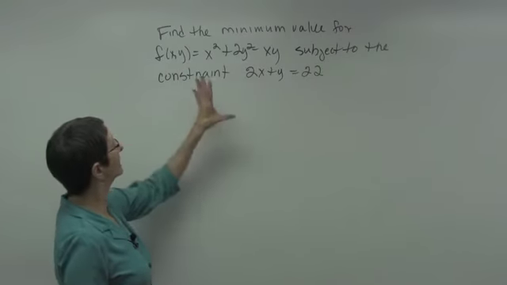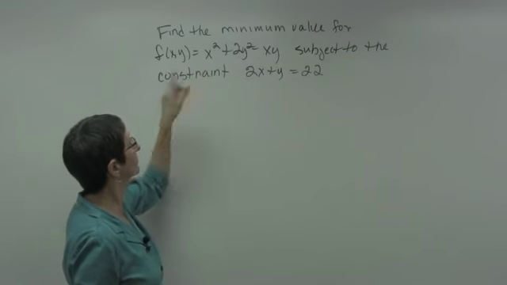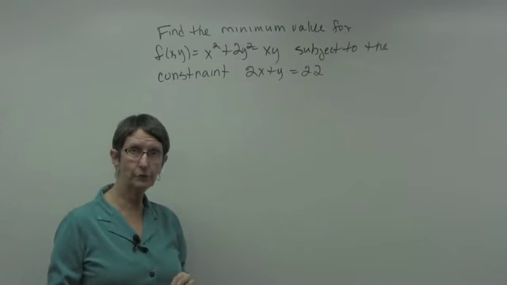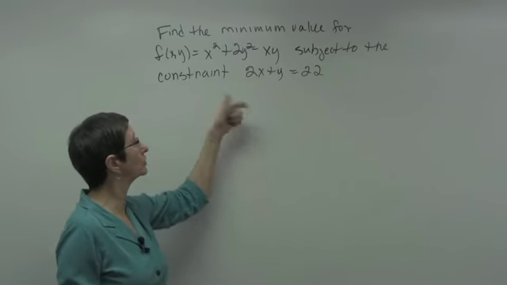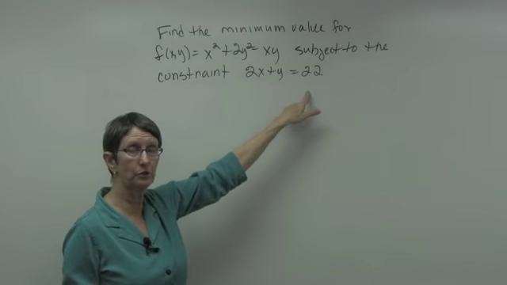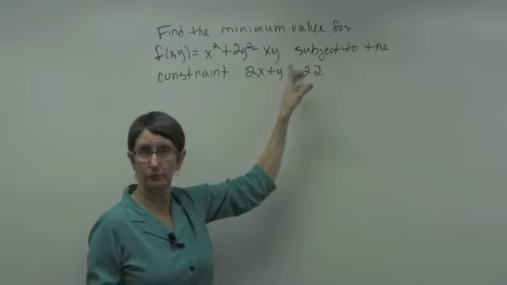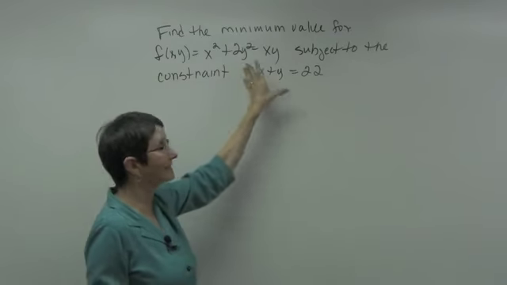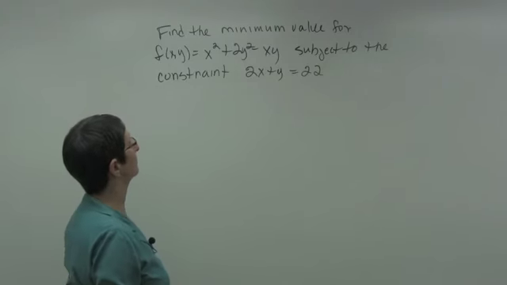In this problem, we're asked to find the minimum value for the function f of xy equals x squared plus 2y squared minus xy, subject to the constraint 2x plus y equals 22. So we have a limited amount of x's and y's to equal 22, so that's going to affect our maximum value.